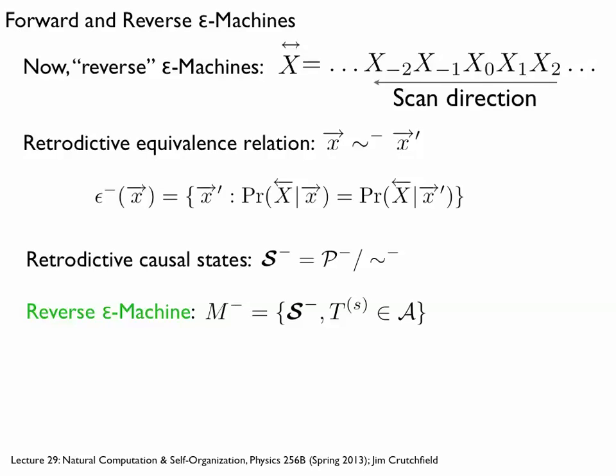I wrote it out here: this is a future, and we're conditioning two distinct futures such that the distribution of the pasts is the same. The result are these equivalence classes under that equivalence relation, the reverse causal states, and we also have the transition matrices, just like we did with the forward process, but scanning in the opposite direction. So the reverse epsilon machine is M minus.